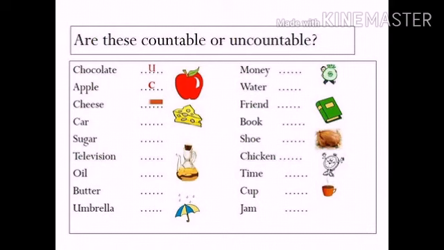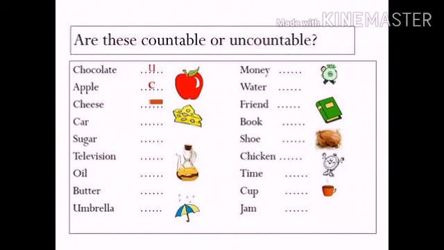Atma, can you tell me? It is a countable noun. Very good. What is oil? Is it a countable or uncountable noun? Who is willing to say the answer? Yes. Krishnapriya, tell me. Oil is an uncountable noun.